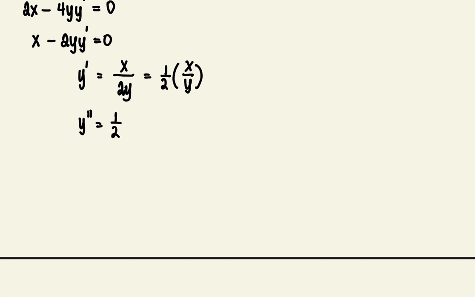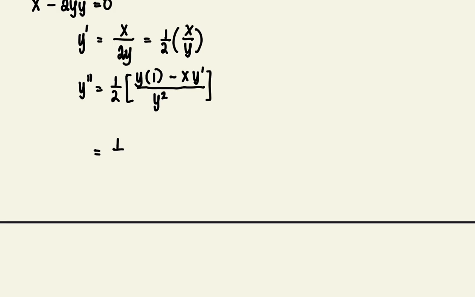So that's 1/2 times, start with the fraction bar, copy the denominator, raise it to the power of 2, and then in the numerator copy the denominator, multiply it to the derivative of the numerator, which is 1, and then minus, copy the numerator x, multiply it to the derivative of the denominator, which is y prime.